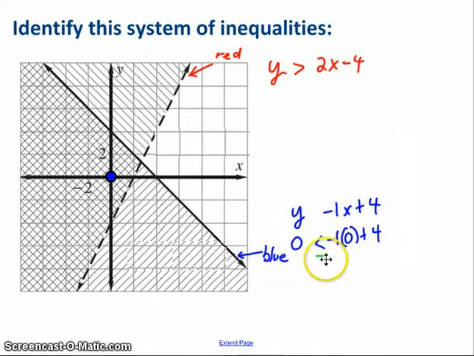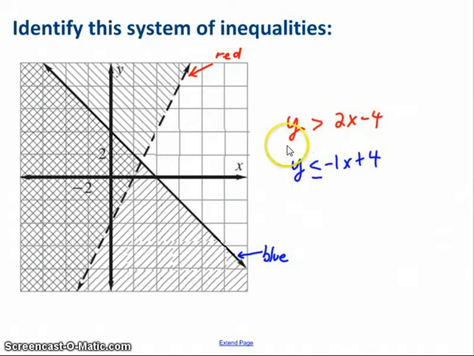And this time I notice I need to underline the arrow because this time it's a solid line rather than a dotted line. And the answer is that 0 is less than the information on the right, so my arrow ought to go in the same direction for that inequality. And now I clean this up and just focus on the red and blue inequalities, and that is my system of linear inequalities for the graph that I've been given.